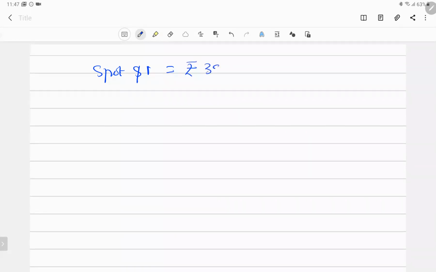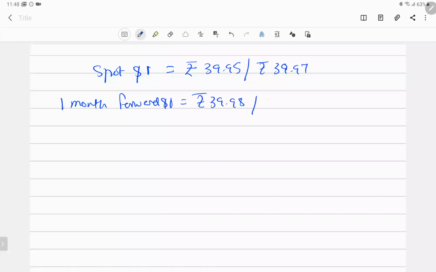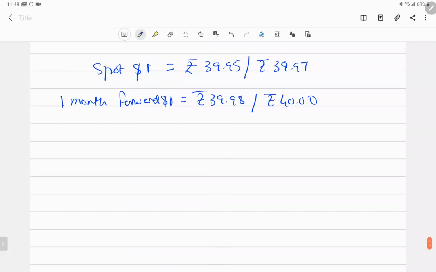So rupees 39.95 or rupees 39.97. The same way, suppose there is a 1 month forward contract, where $1 is equal to rupees 39.98 and rupees 40.00.